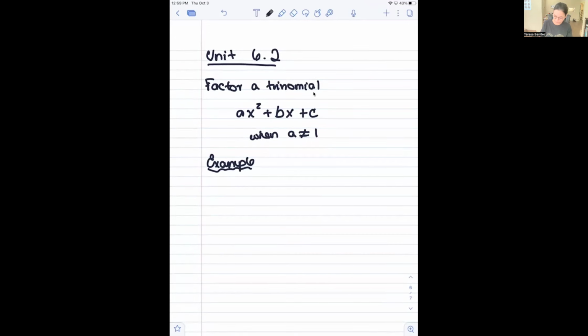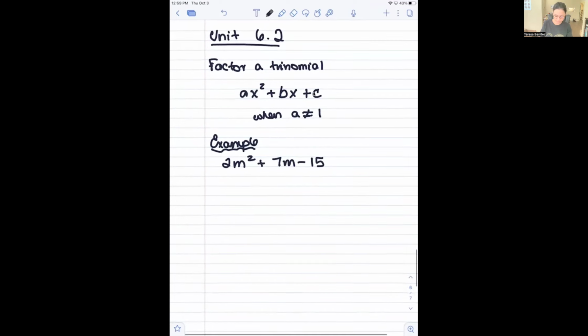The example: 2m squared plus 7m minus 15. The first thing that I want to do is identify what is a, what is b, and what is c, because it takes me just a few seconds. I'm going to write it down instead of having to look it up each time, so I don't mess up the sign. Okay, so I have 2, 7, and negative 15.